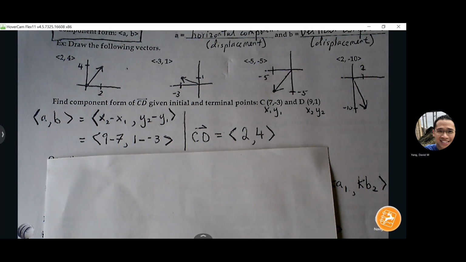So x2 minus x1, 9 minus 7. y2 minus y1, 1 minus negative 3. It's a little faster than having to graph everything, especially if your ordered pairs are really far apart, just to be able to use this to get to your component form.